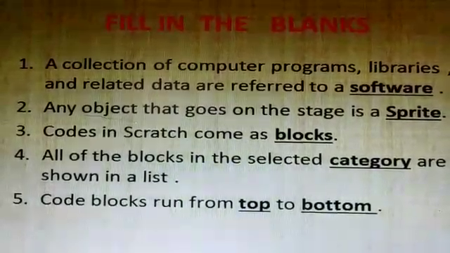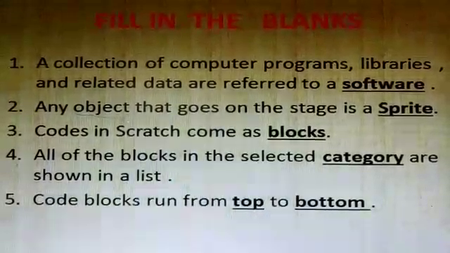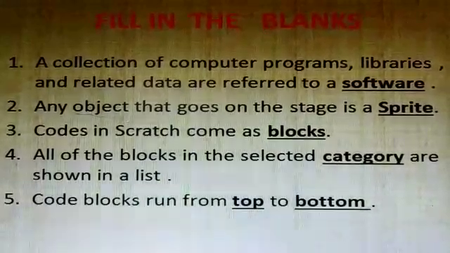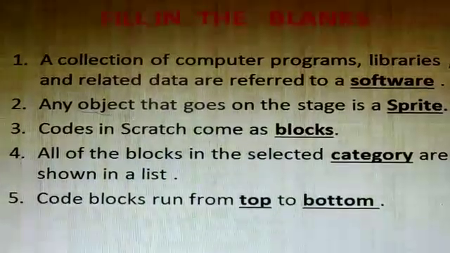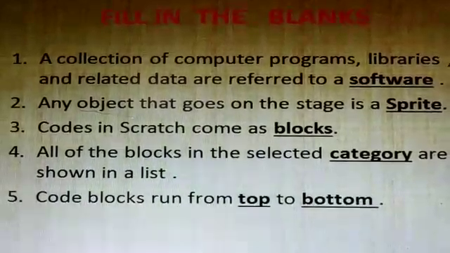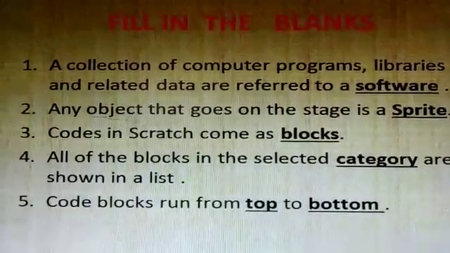Answer: all of the blocks in the selected category are shown in the list. Whatever category you select, it will show in the blocks. Now fifth, code blocks run from dash to dash. Code blocks run from top to bottom.